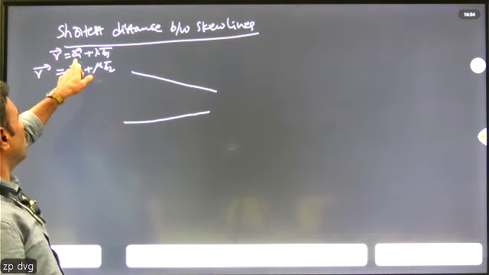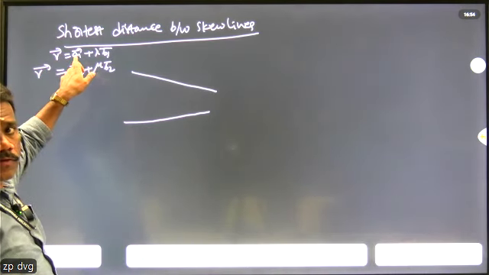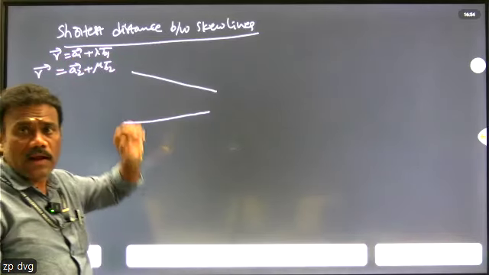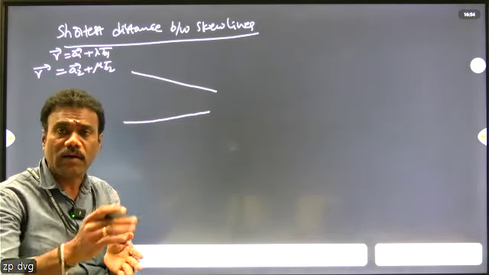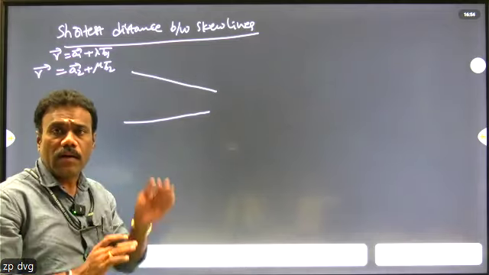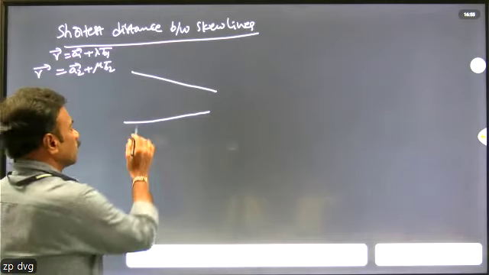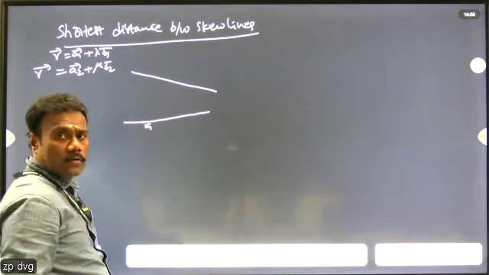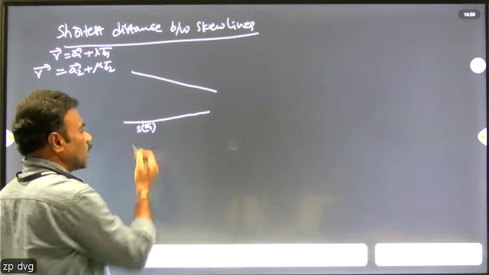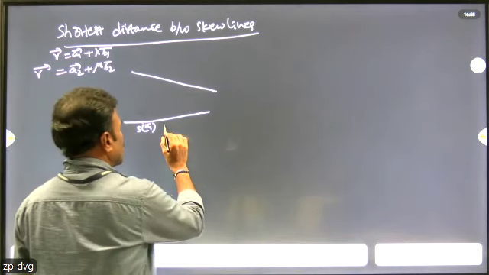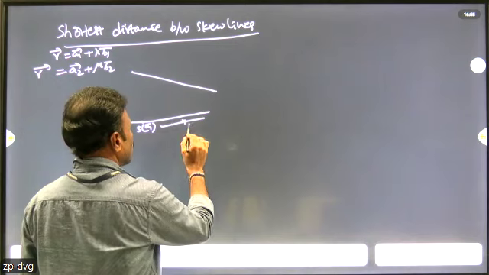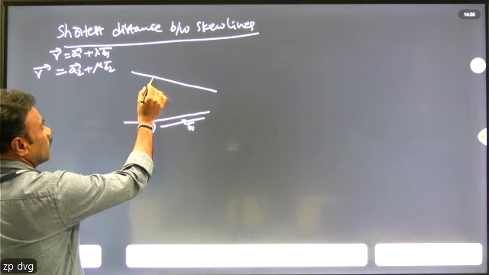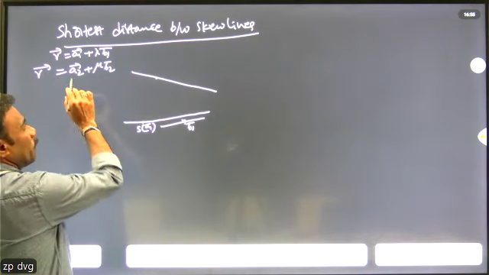So, what is the first equation? r bar is equal to a1 bar plus lambda b1 bar represents a line passing through a point a1 bar, parallel to the vector b1 bar. And the second one is a line passing through a point a2 bar.